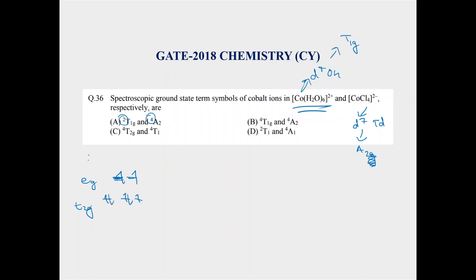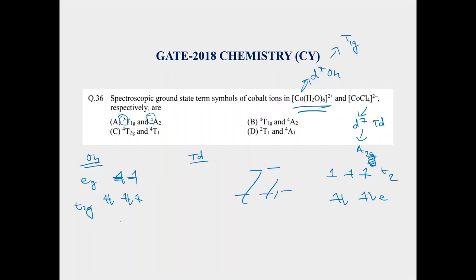For the tetrahedral system, it splits into e and t2, so 7 electrons we will fill here also, 1 2 3 4 5 6 and 7.